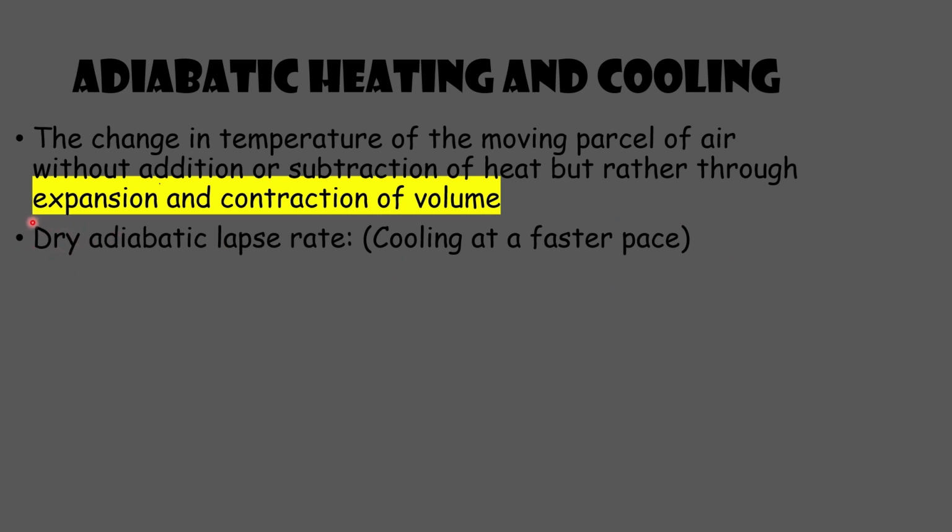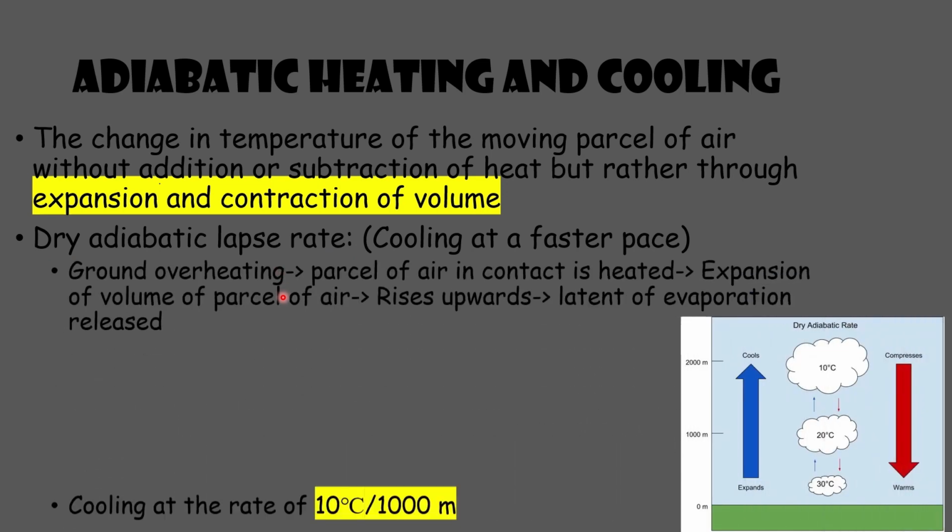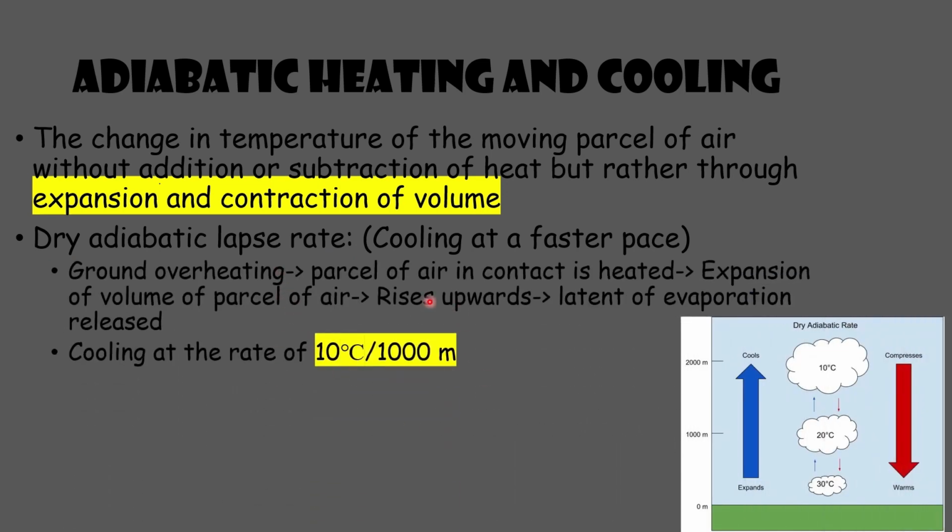The relative humidity is really low, too low to disturb the process of ascent of air, the rising of warm air. So under the dry adiabatic lapse rate, a rising air mass is cooled at a rate of 10 degrees Celsius per 1000 meter, which is called the dry adiabatic lapse rate.